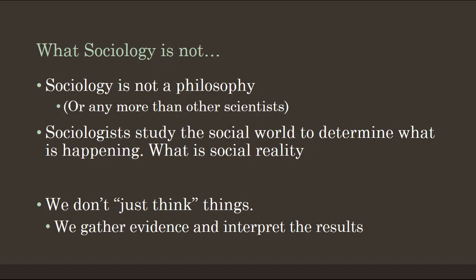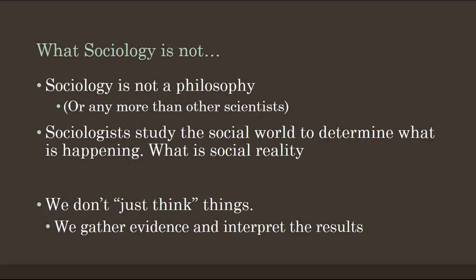Sociology is not a philosophy. Well, we might have certain philosophical precepts that we follow in sociology, but so does a chemist, right? A chemist, philosophically, as a scientist, does not make up data. A chemist follows certain procedures that will help the science go better.